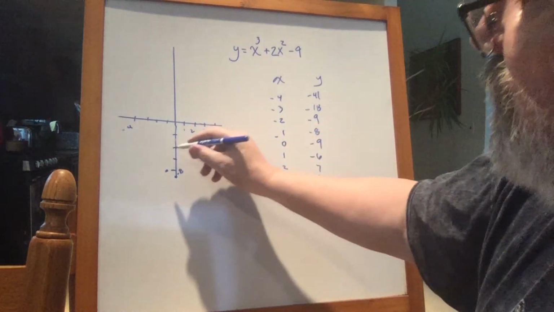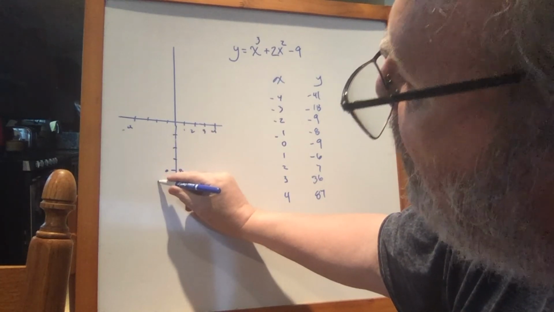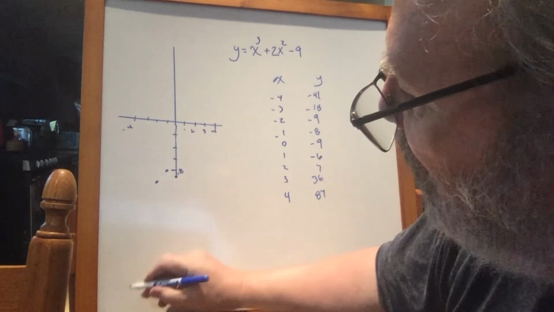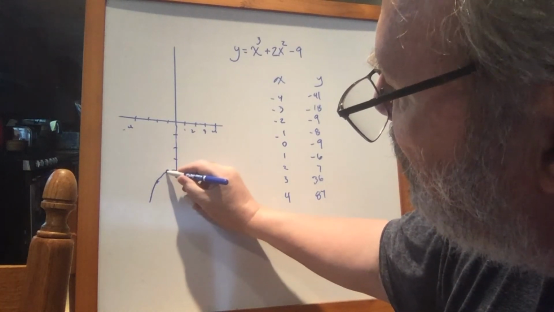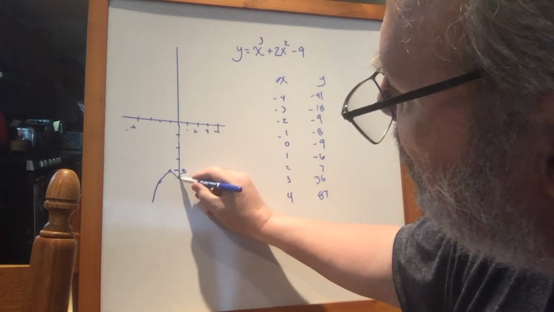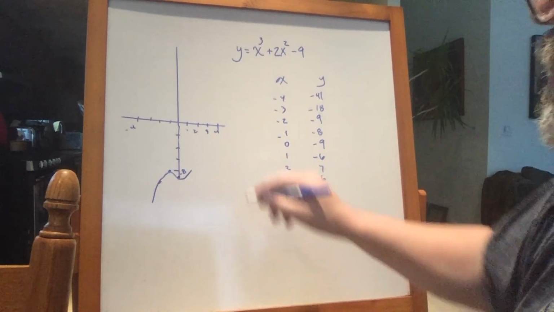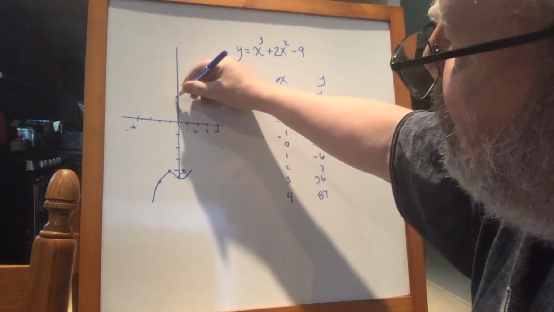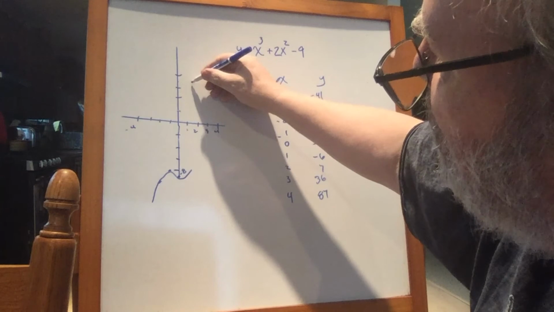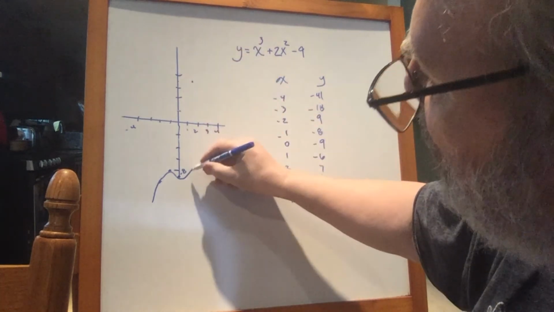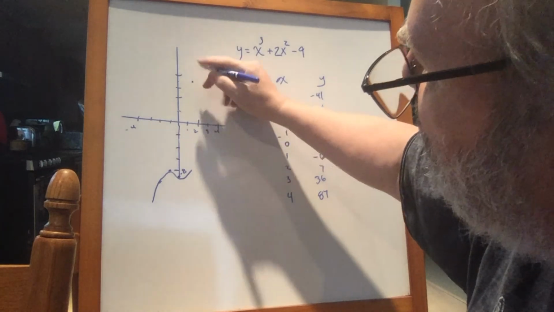Let's see, at minus 2, we're at minus 9. So we're doing something like this. And at 2, we're at 7. 2, 4, 6, 8. So 7's there. 2, 7. So we go up pretty sharply.